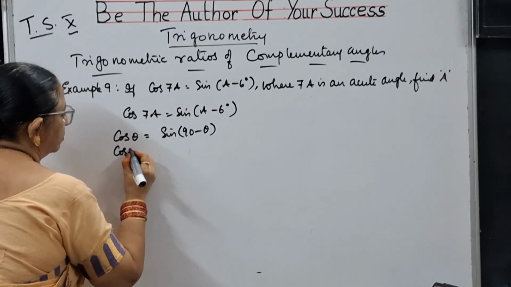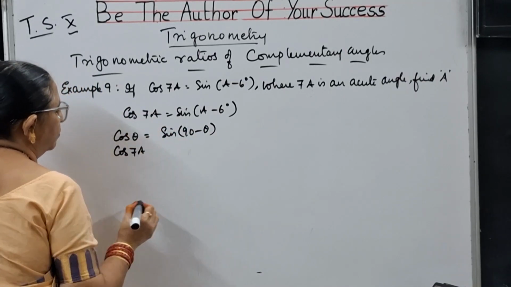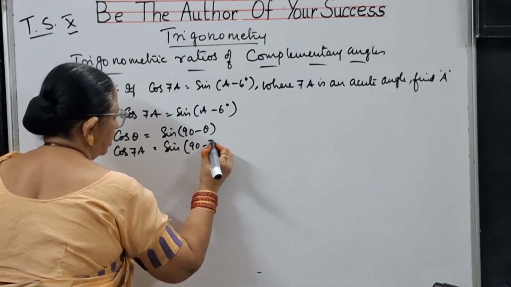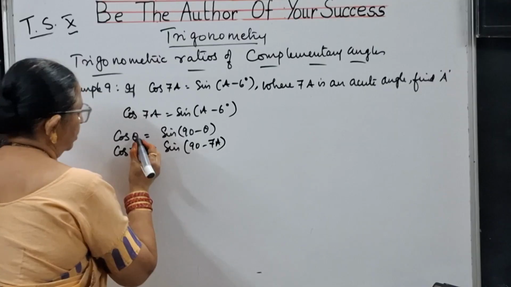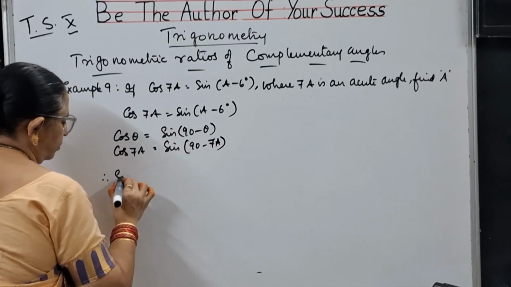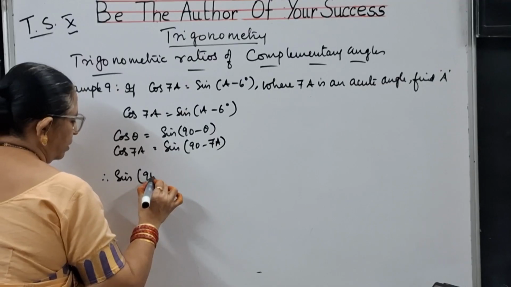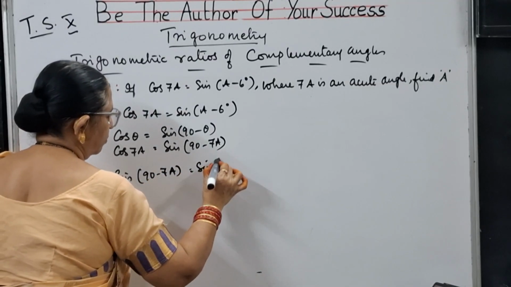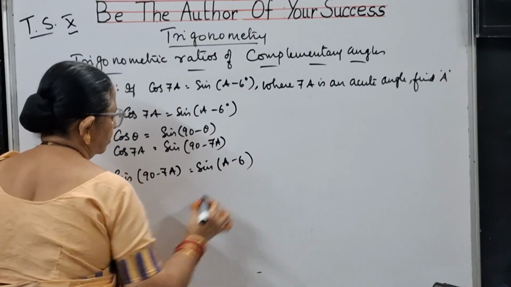So what is cos 7a here? Theta is 7a, so it is sin 90 minus 7a. Whatever you are writing for theta, the same value you have to write here. Therefore, sin 90 minus 7a is equal to sin of a minus 6.